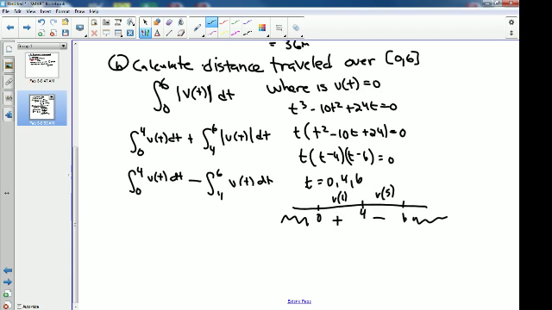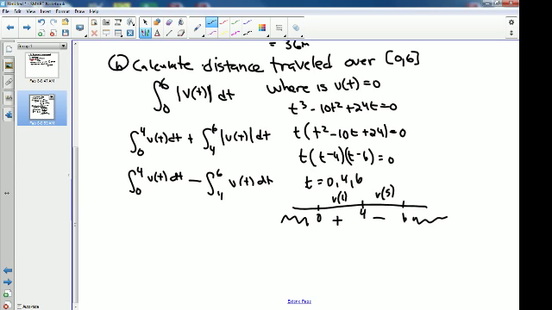Since this answer will be a negative, times a negative makes it an addition problem. And you end up with the distance traveled. So if you see absolute value in these, you switch the sign. So very, very straightforward method to solve this problem.